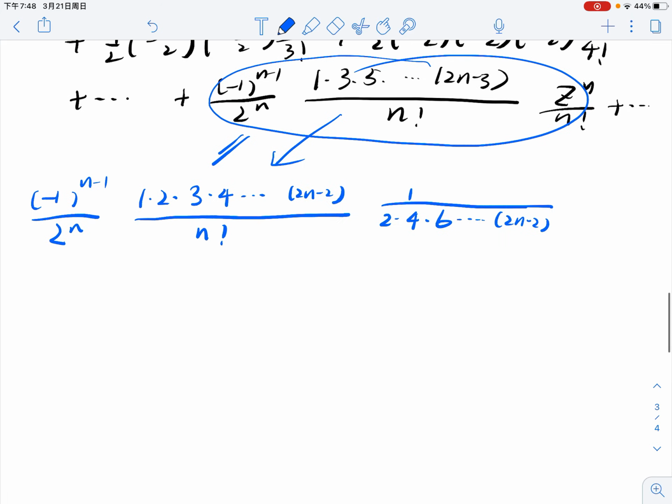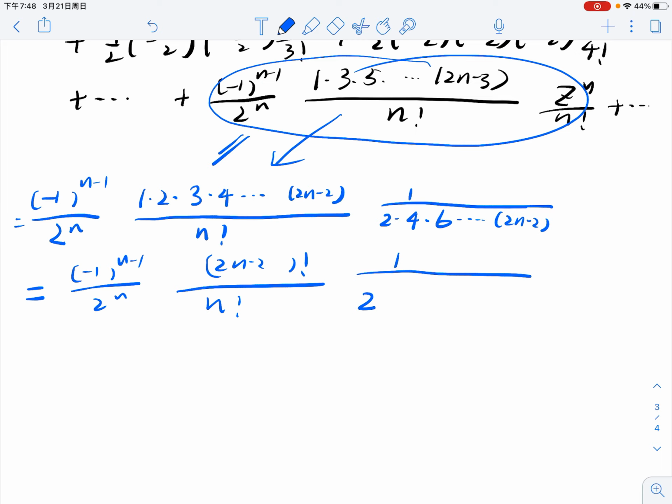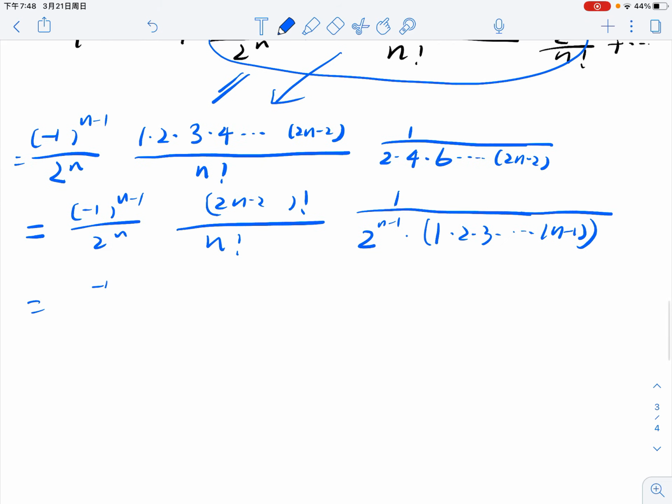And if you figure it out, this is (-1) to the n minus 1, (2n minus 2) factorial, over n factorial, 1 over 2 to the n minus 1 power times 1 times 2 times 3 all the way to n minus 1. And you simplify, you will have (2n minus 2) factorial over (n minus 1) factorial.